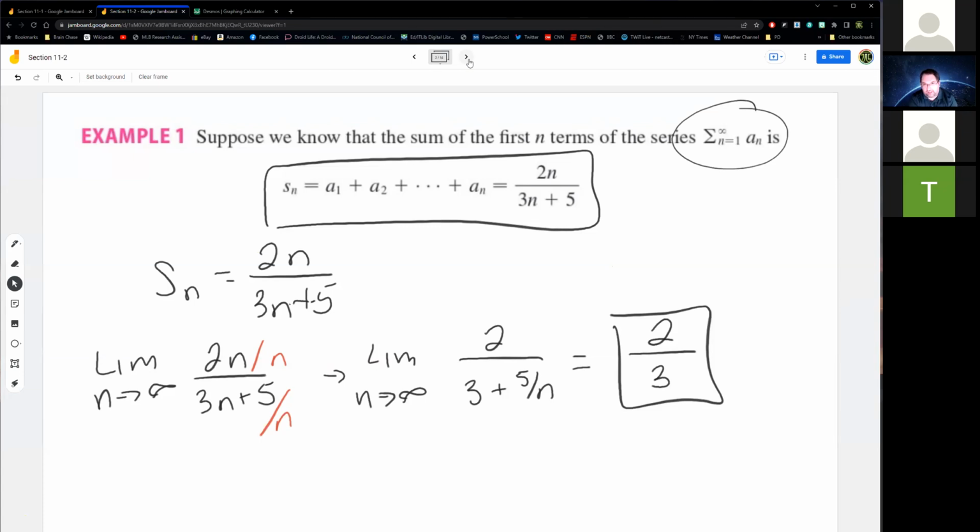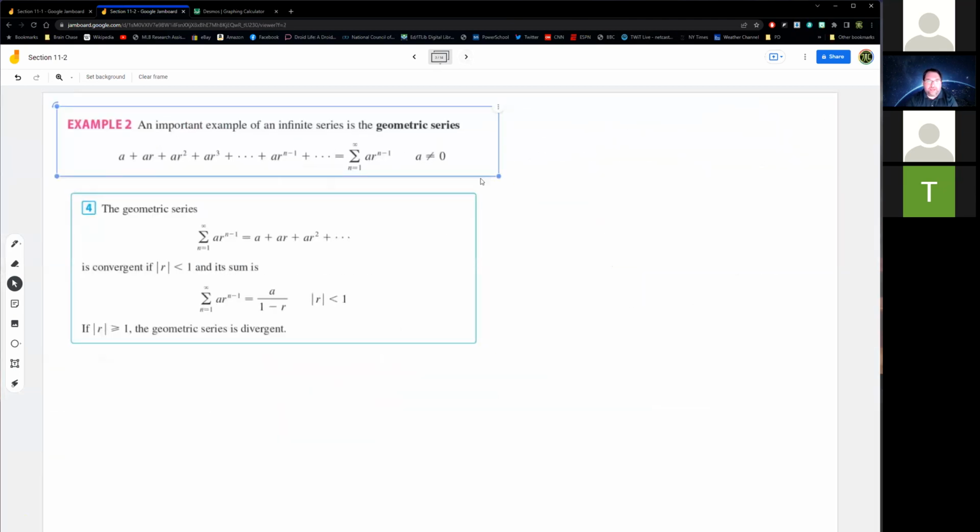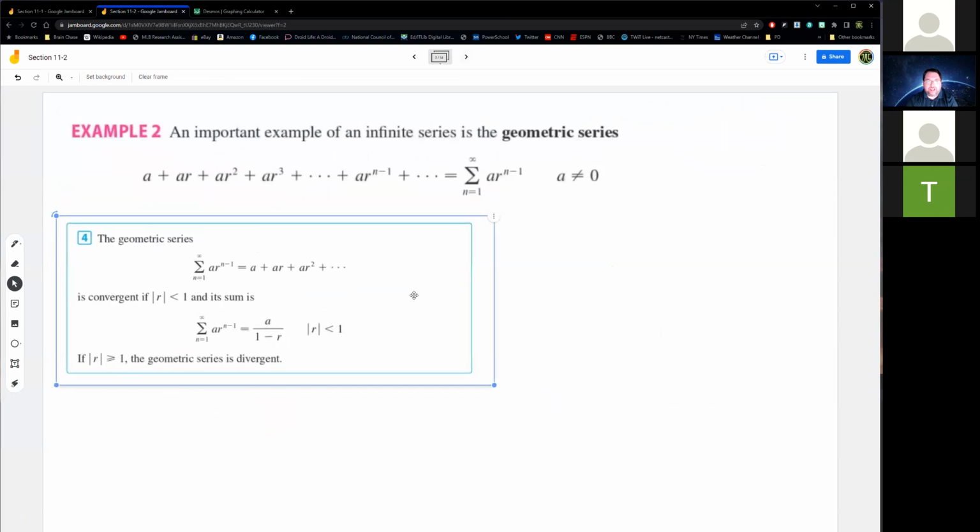Okay. So for this one, they gave me the equation for it, so I didn't have to do any calculations. In essence, they gave me the sequence, so I could just go right to the limit process. They don't always do that though. And one of the major things that you're going to see is the geometric series.